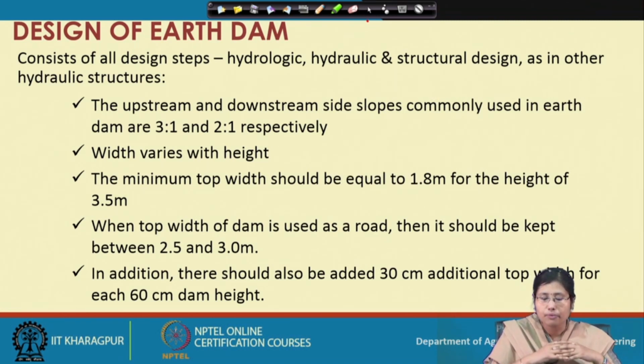The minimum top width should be 1.8 meter for a height of around 3.5 meter. When the top of the dam is used as a road, it should be kept between 2.5 to 3 meter. In addition, 30 centimeter additional top width should be added for each 60 centimeter of dam height.